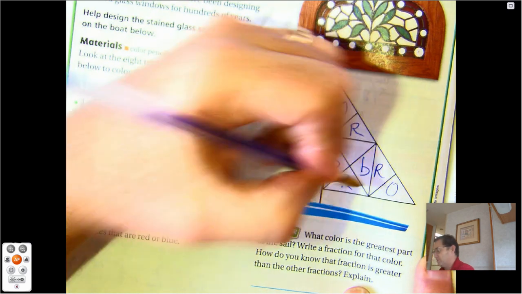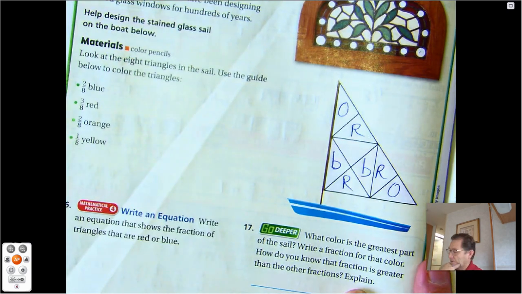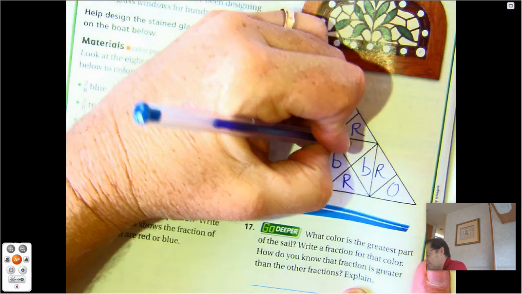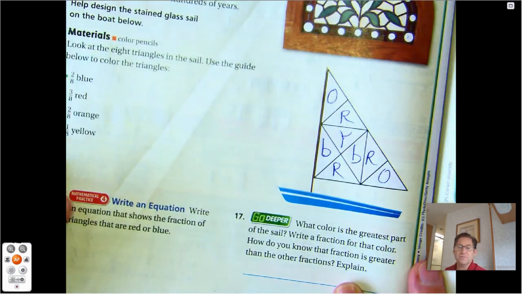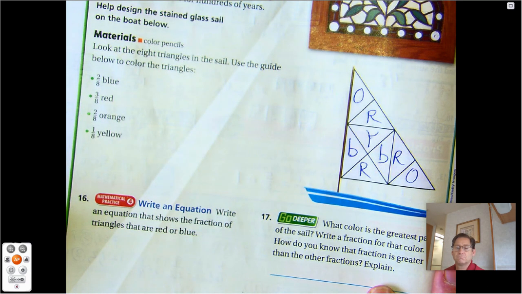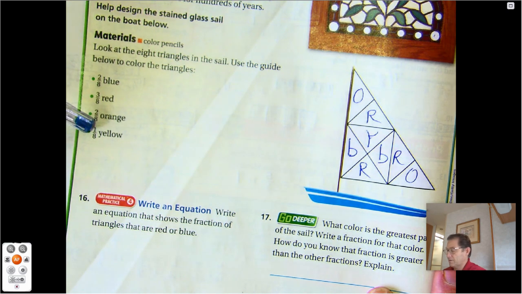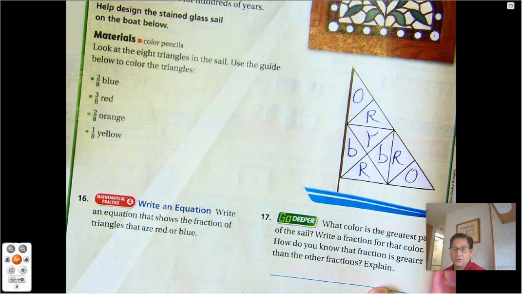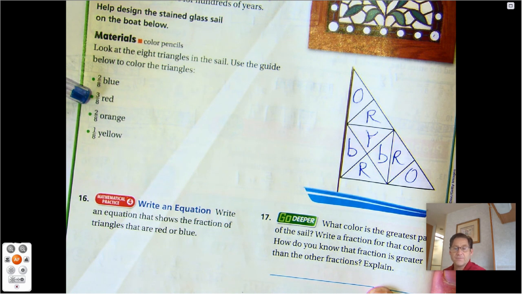I guess maybe the yellow will go right there in the middle. Okay. So all that was telling us was out of the 8 size pieces, one of them has to be yellow. Out of the 8 size pieces, 2 of them have to be orange. Out of the 8 size pieces, 3 of them need to be red. And 2 of the 8 size pieces need to be blue.